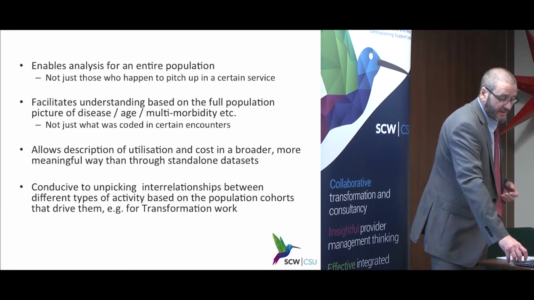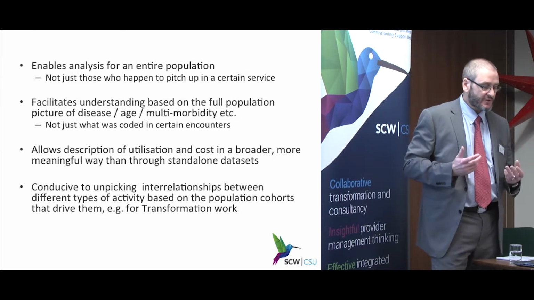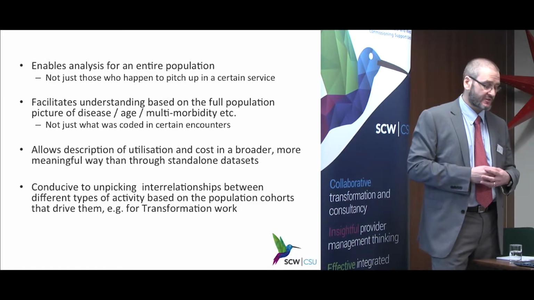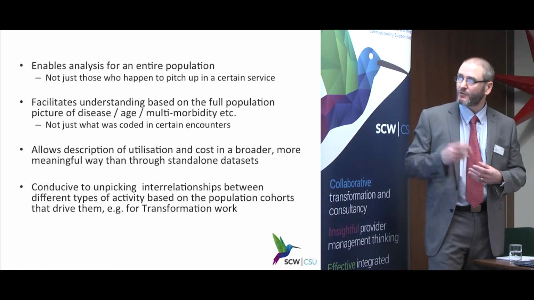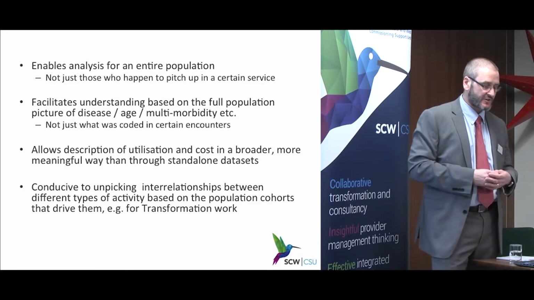So the value that approaching data in that way adds is that it enables us to analyse for a whole population, not just those people who happen to turn up in a certain service. It facilitates our understanding based on the full population picture of disease, age, multimorbidity, whatever other demographic features we're interested in, not just what happened to be coded in certain encounters.